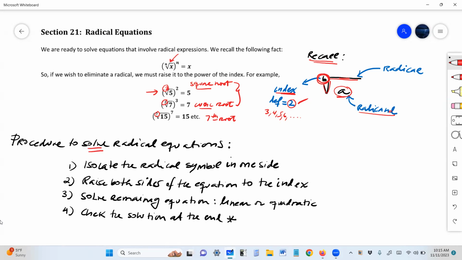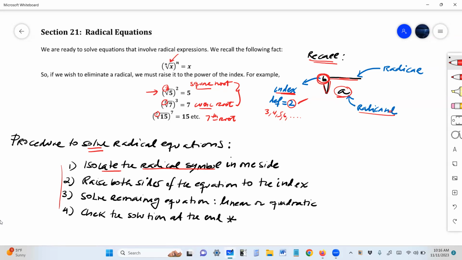This is the procedure that you're going to use every time. Number 1, and extremely important, you must do this every single time: you're going to isolate the radical symbol on one side of the equation. Meaning, and you're going to see an example of this, anything other than the radical itself has to go to the other side of the equation.